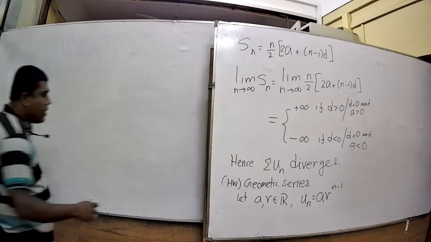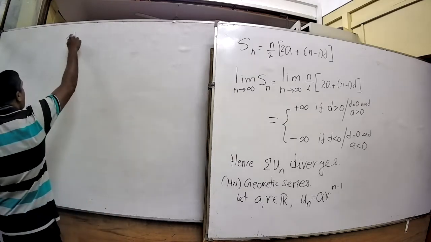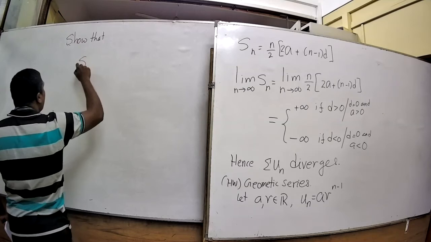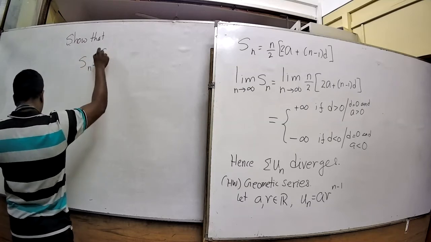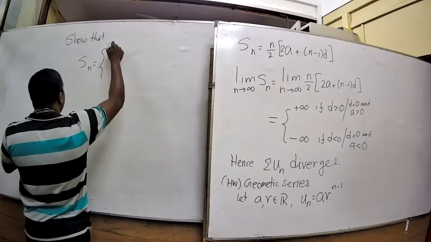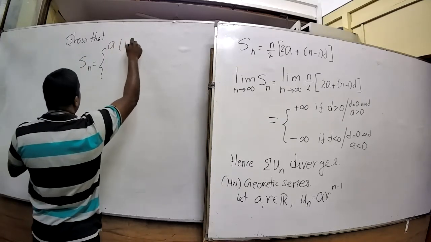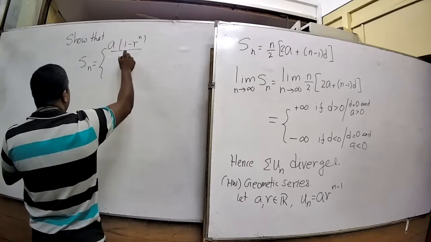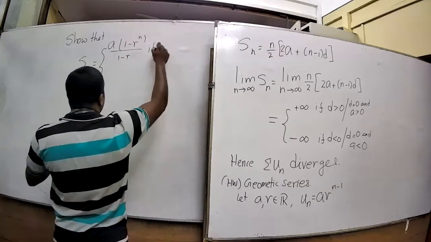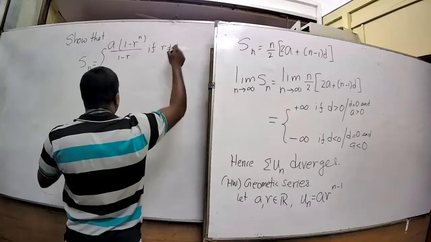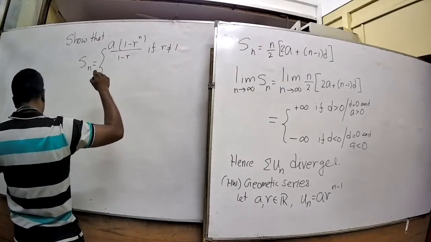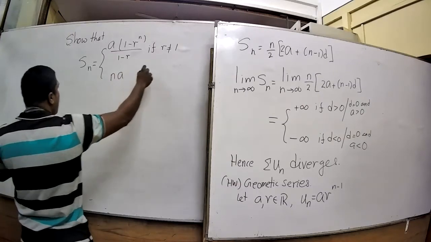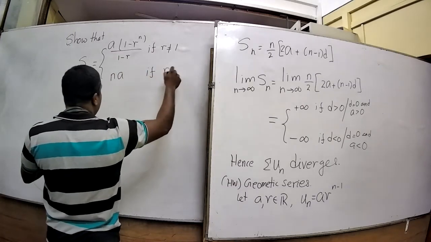So here, show two things. The partial sum is actually a times 1 minus r to the power n over 1 minus r if r is not equal to 1, and n times a if r is equal to 1.